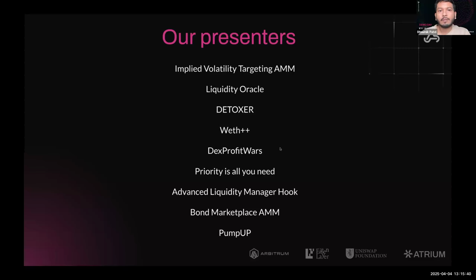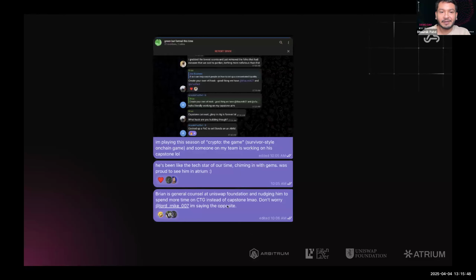Okay, so before we get in, Arnold and James referenced Crypto the Game, so I did have a screenshot from that of how serious things got. This is me posting a screenshot from our internal chat. But as you can see, Arnold, we were talking about posting and building a hook, and we were both pressuring him to work on Crypto the Game.